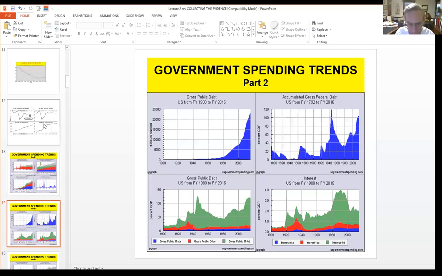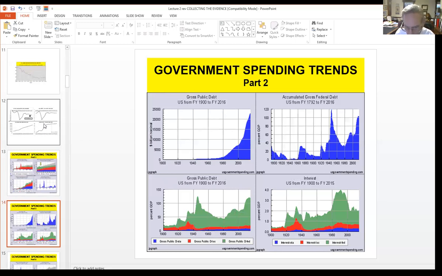Again, it ends in 2016, and in 2016, it was something like gross public debt, $23 trillion. 2018 is going to be a lot more. So today we're probably at 25 trillion plus. The accumulated gross federal debt, just the federal debt as a proportion of the GDP, that is the value of the economy, was over 100% in 2016, way over 100% today.